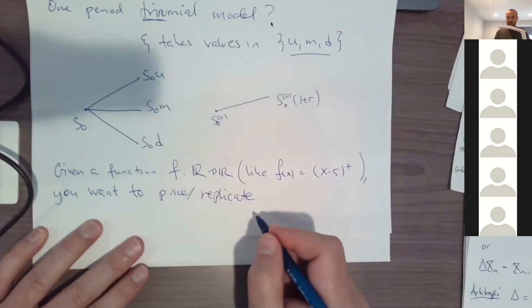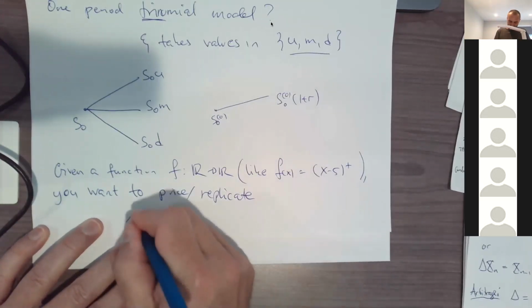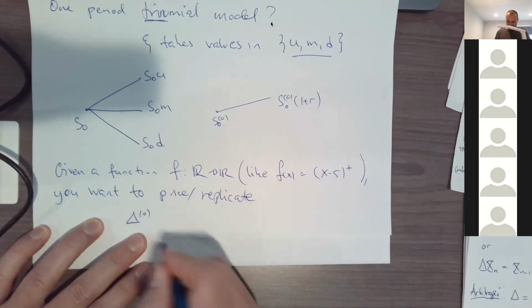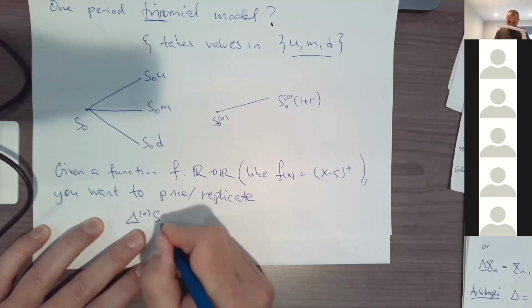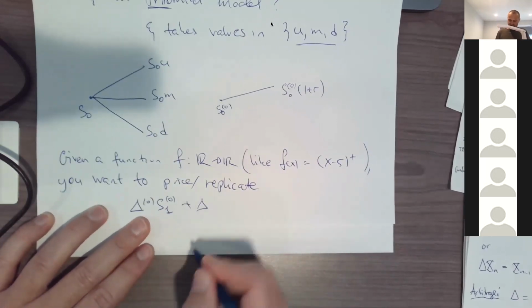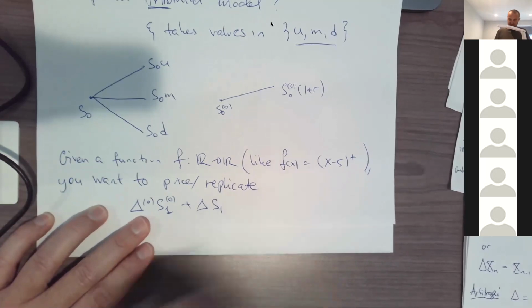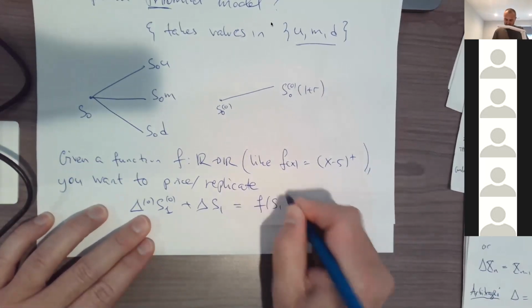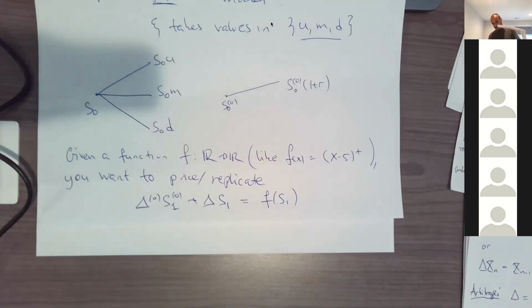So what you want to do is you want to say, well, I can invest in the bank. So that's going to be this guy, (1, 0), plus I can invest in the stock. So that's going to be this guy. And I want this to be exactly f(S1). So this is my replication.